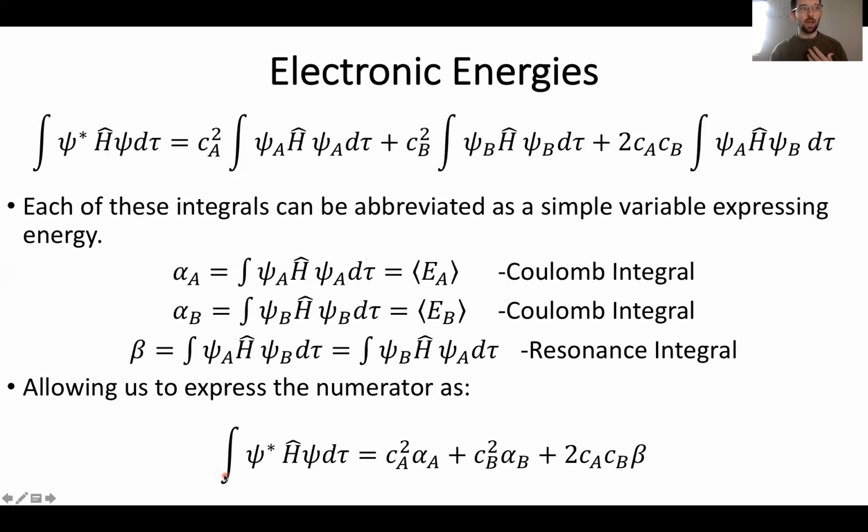So when I'm looking at, again, applying the Hamiltonian to my molecular orbital wave function, we can more or less think of this as an energy and treat it as the probability of the function being found in A times the energy of atomic orbital A, times the probability of the wave function being found in B, times the energy of orbital B, plus the probability of the wave function being in this intermediate overlap region times the energy of that overlap region.